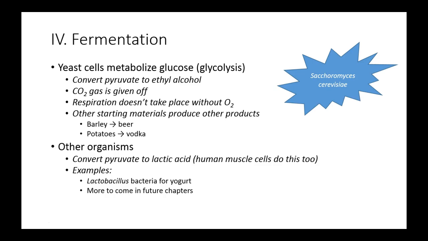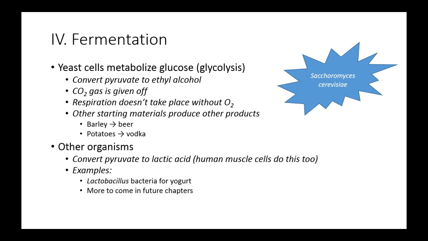And so those electron carriers, the NADH, have to actually get recycled. And so pyruvate changes a little bit. In the case of yeast metabolizing glucose, it would be changed to ethyl alcohol. And then also there's carbon dioxide gas that's given off as well. And so we're still starting with that C6H12O6 in this case, and we're just not breaking it down all the way.